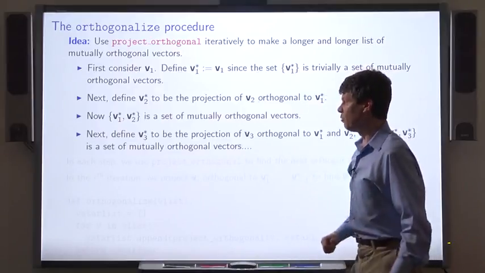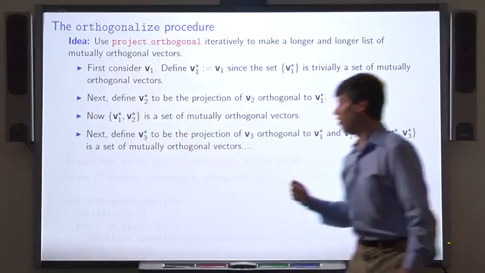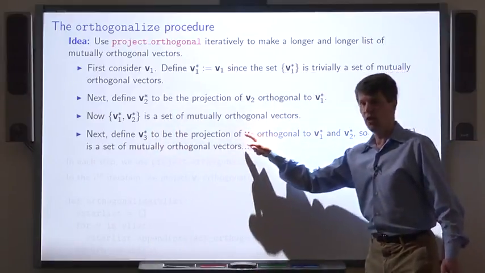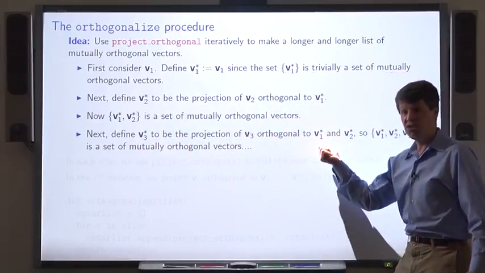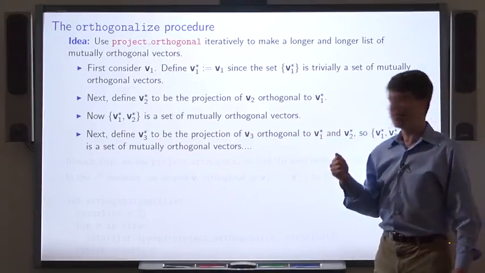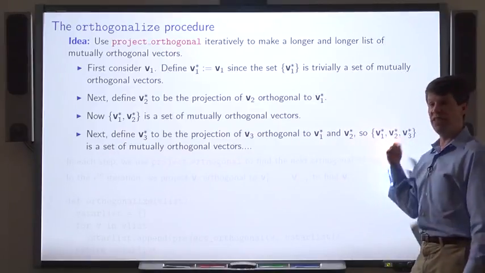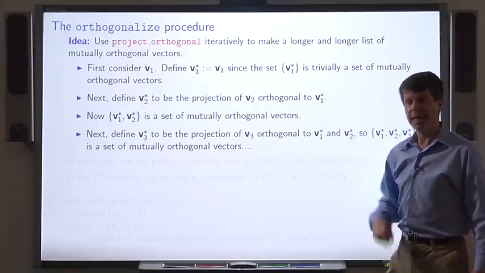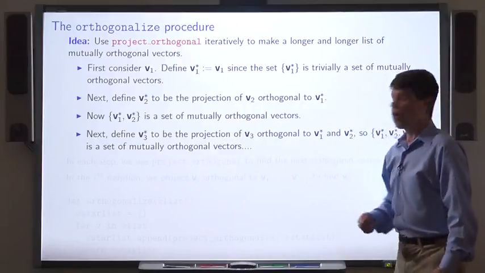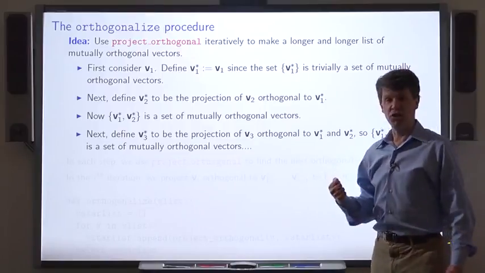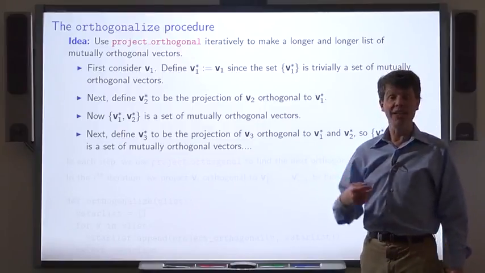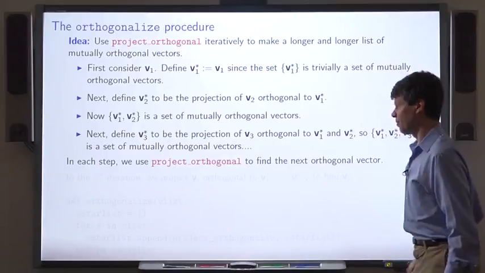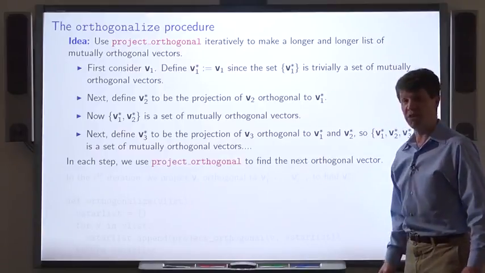Now let's move on to v3. We define v3* to be the projection of v3 orthogonal to both v1* and v2*. So the set v1*, v2*, v3* is a set of mutually orthogonal vectors. In each iteration, all we have to do is project a vector orthogonal to a collection of mutually orthogonal vectors, and we can use project_orthogonal for that.